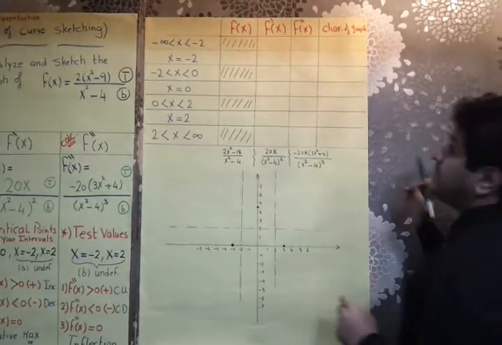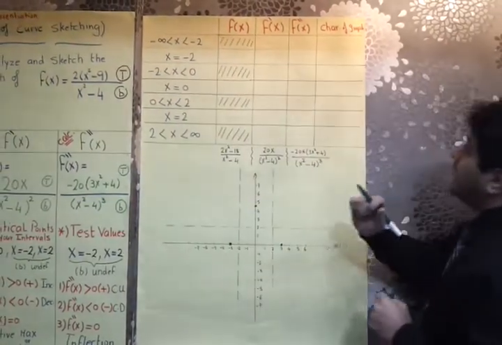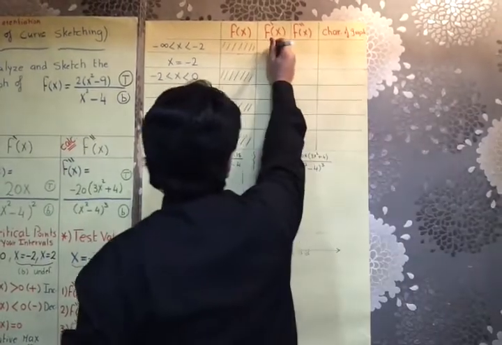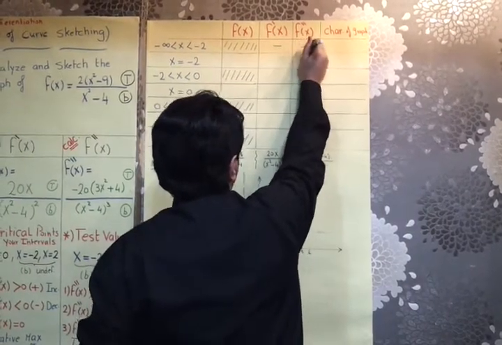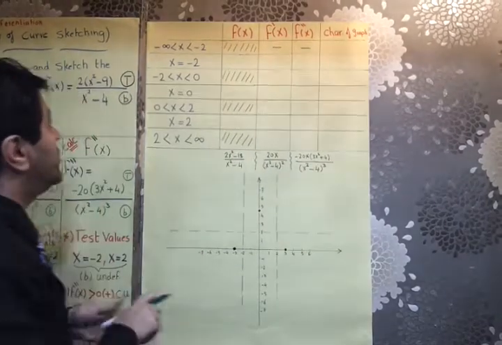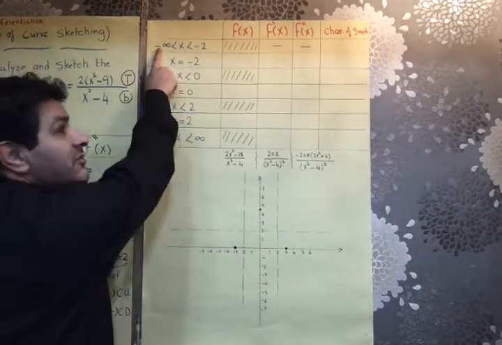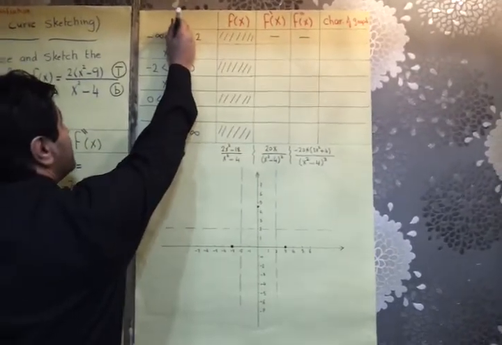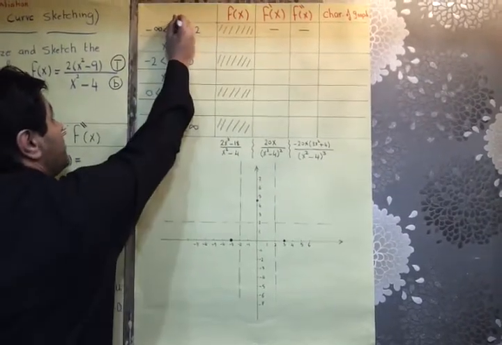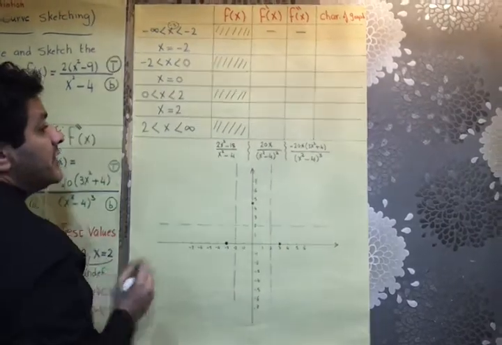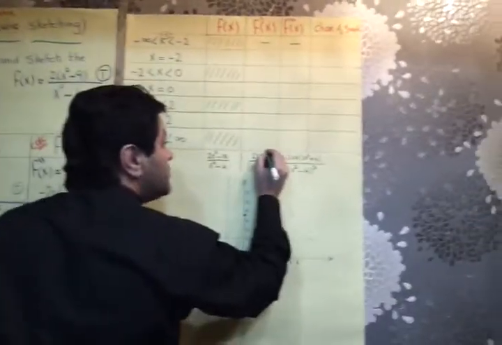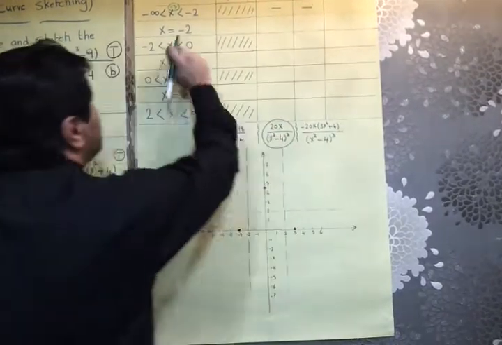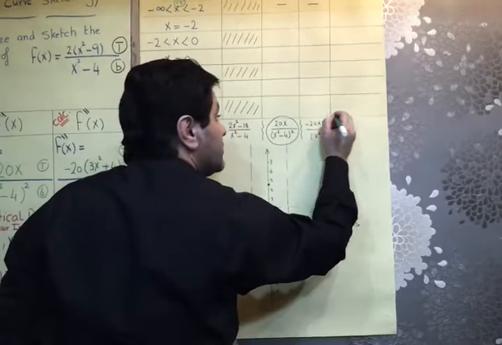So, let's start with the first one. How can we get the sign, negative here and negative here? What you have to do is plug in a value between -infinity and -2, let's say -3. Plug in the value -3 in each of the functions, this one, and -3 also here.